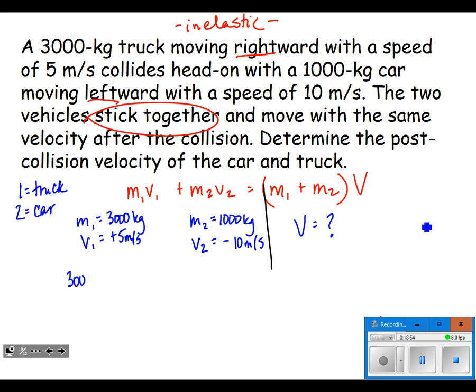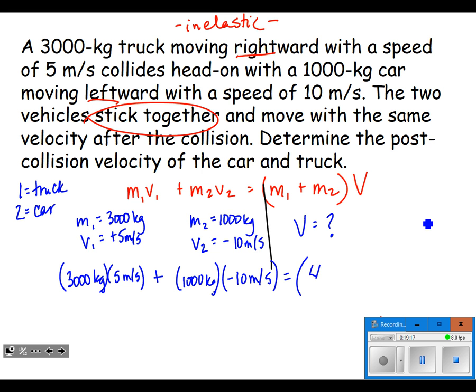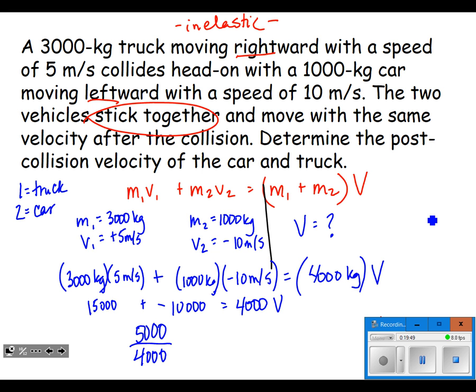So then I'd have my 3,000 kilograms times my 5 meters per second plus my 1,000 kilograms times my negative 10 meters per second equals, and that would be my 3,000 plus my 1,000, which would be 4,000 kilograms V. So then if I did my math, this is 15,000 plus a negative 10,000 equals 4,000 V. So then I have 5,000, because 15,000 minus 10,000 is 5,000, divided by 4,000 equals V, which would give me something like 1.2... not enough zeros to see.